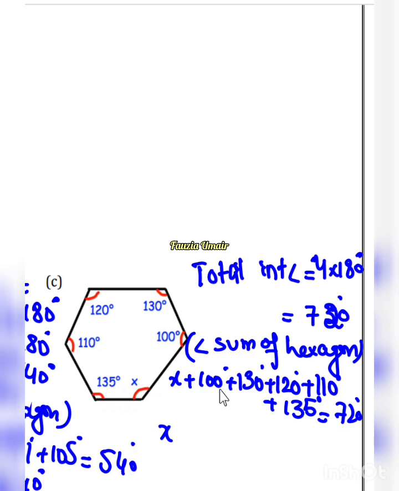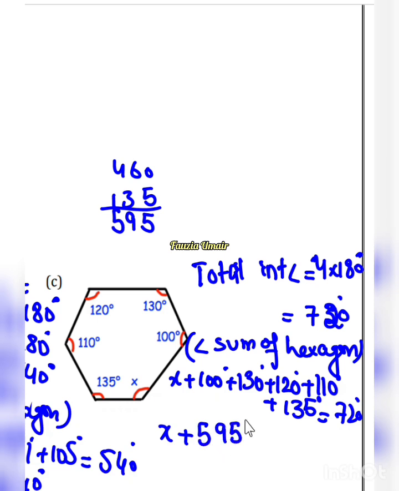Now if I add them, this is 100, 230, 250 and 350, 460, and 460 plus 135. If I calculate this, it is 595 degrees, which is equal to 720. Now look at this figure. x is basically an obtuse angle from the figure.